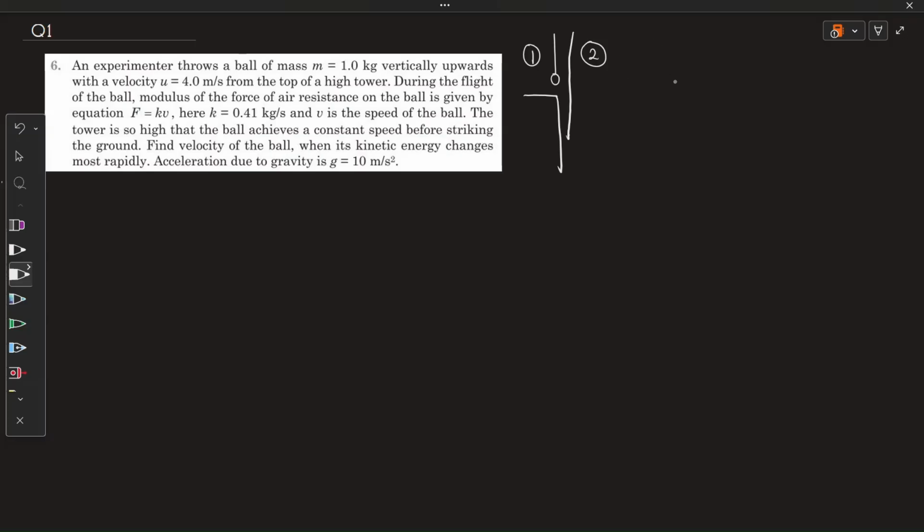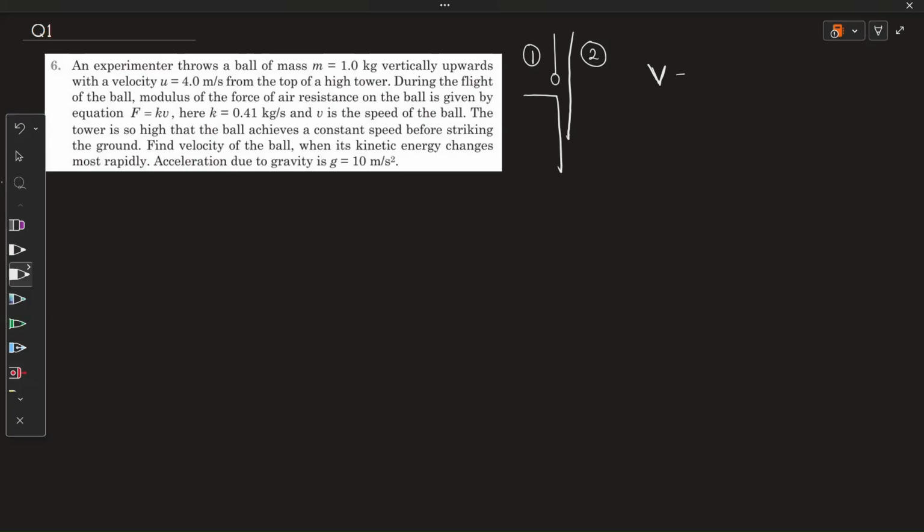The first method: let's consider the first part, in which the ball moves up. The force of resistance will always be opposite to the direction of velocity. Since the ball is moving up, the force of resistance in the first part of motion will be downwards, along the acceleration due to gravity.